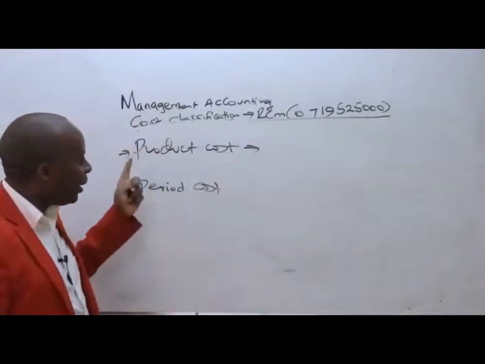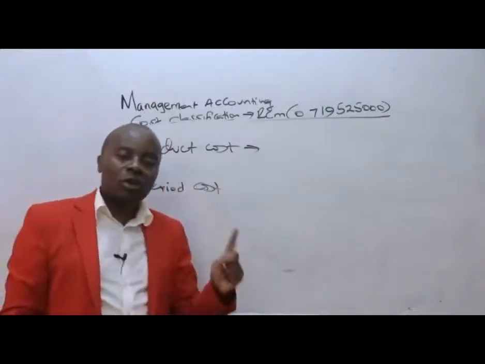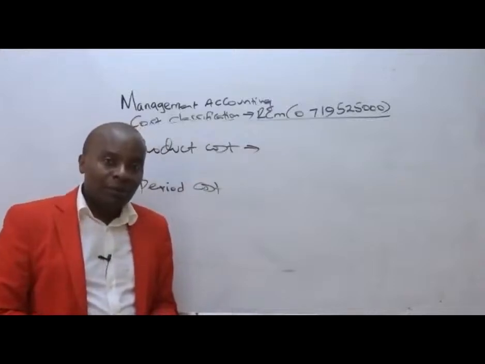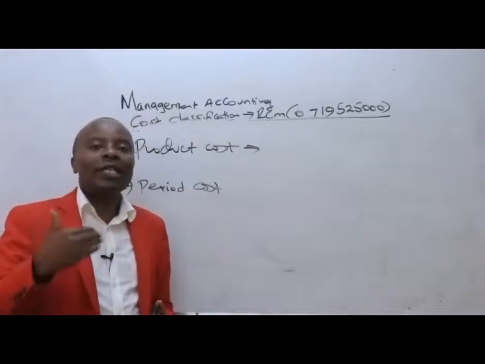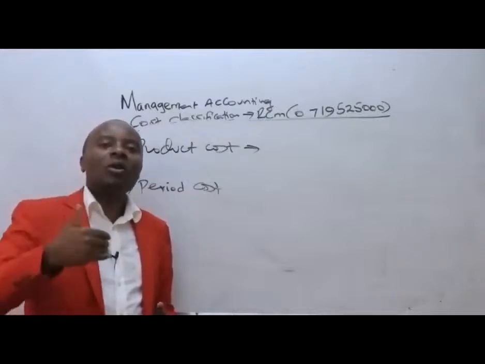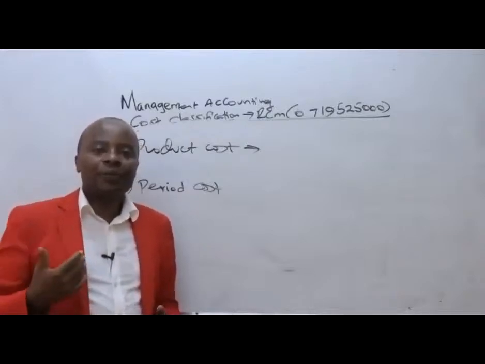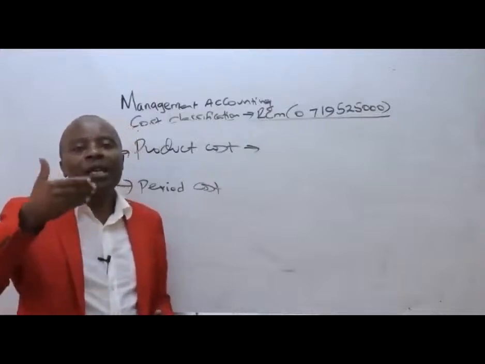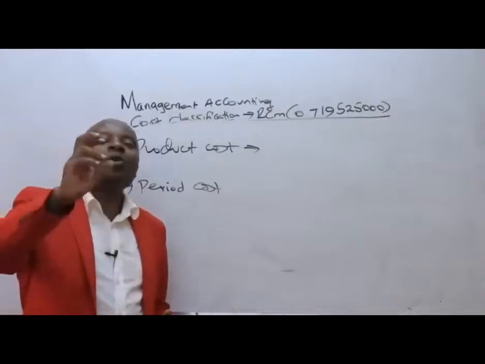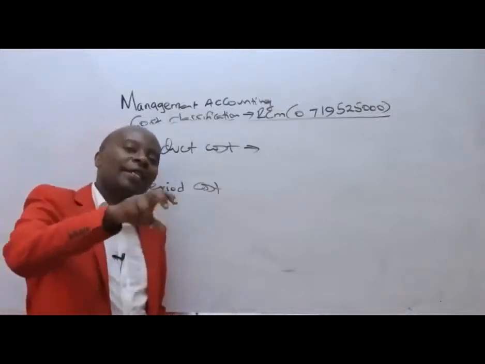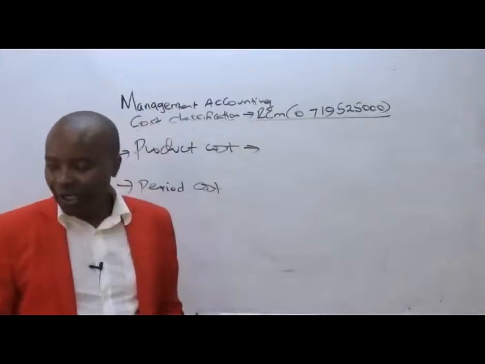And then we have periodic costs. These are those costs that are uncontrollable. Ladies and gentlemen, whether you like it or not, they have to be incurred because they are time-based. For example, salary is paid on a monthly basis, rent paid on a monthly basis. They do not have any direct association to our inventory.